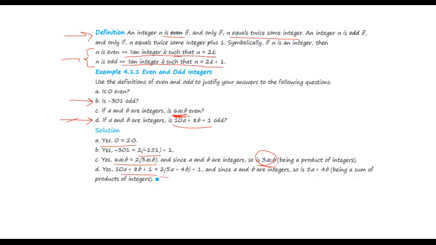This is 2 times k, where k is 5a plus 4b. And since a and b are both integers, 5a plus 4b is an integer. So it can be considered as k in the definition of odd and even numbers. So the answer to part D is yes.